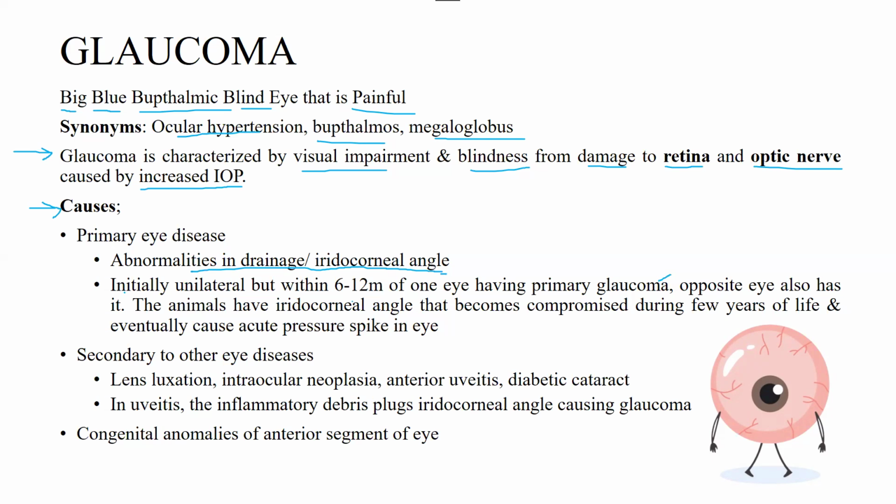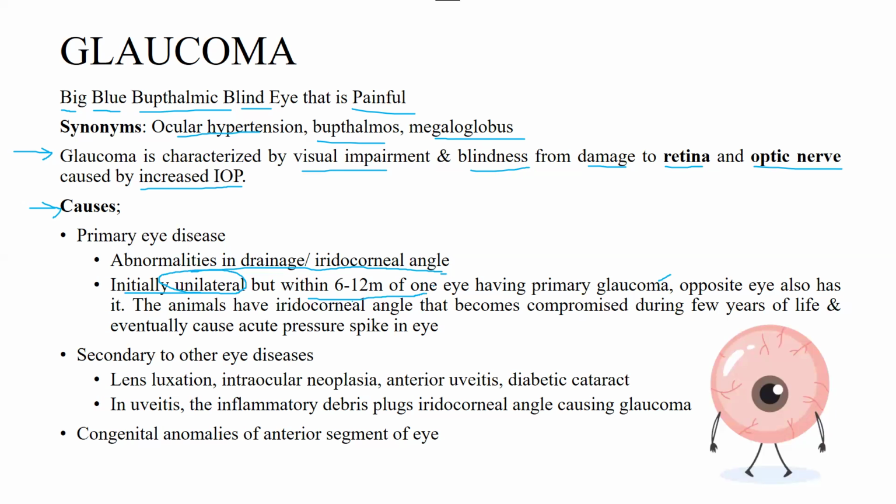What is written next is that initially it starts unilaterally. So primary eye disease is always going to be unilateral, but within 6 to 12 months of one eye having primary glaucoma, the opposite eye is going to have it also. This is a very important topic, especially when we discuss the treatment, because when we see a dog having unilateral glaucoma because of primary eye disease, we start to treat the second eye also prophylactically, because we know 6 to 12 months later the second eye is definitely going to have glaucoma also.